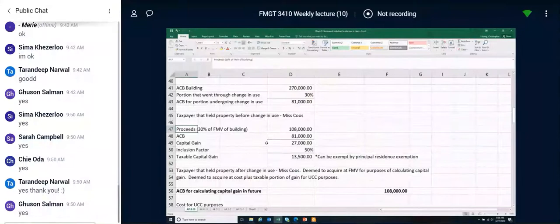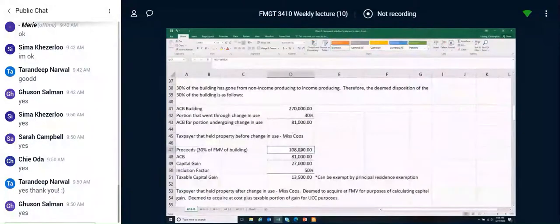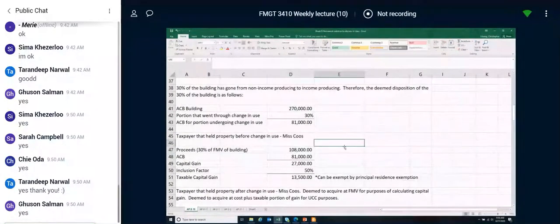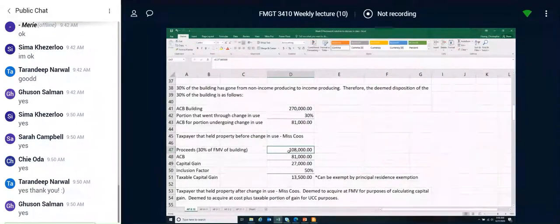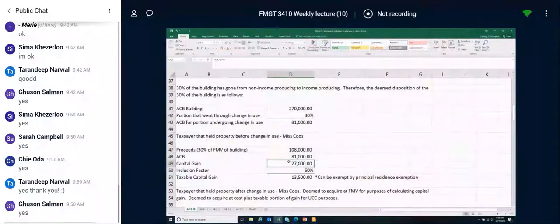So Ms. Coos is the person that held the property before the triggering event, before the change in use. She's deemed to dispose. Well, what does she sell for? Well, fair market value is now 360. Right? 360 is my fair value. Well, 30% of 360 is 108. So cost base we calculated above here is 81. So the difference is 27,000, 50%. You're going to have a 13.5 capital gain.